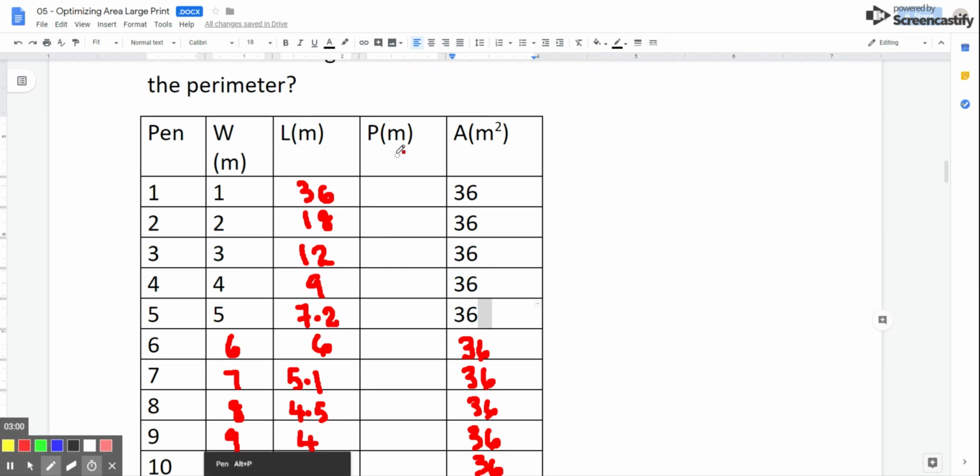The perimeter is 2W plus 2L, or 2L plus 2W.